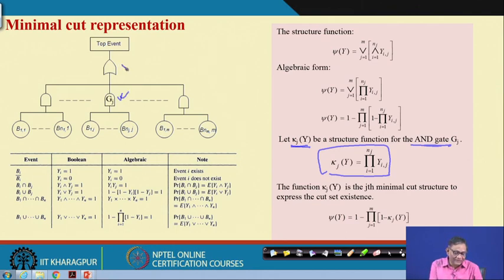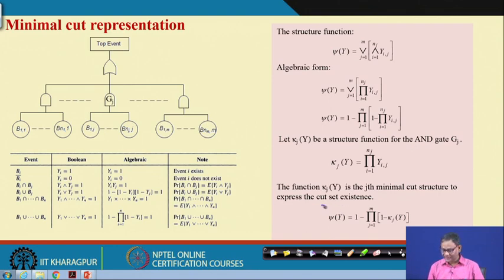Then for this, the equation will change to 1 minus the product over j equal to 1 to m of 1 minus k j y. Okay. So, this is the structure function representation for the minimal cut set representation of a fault tree.